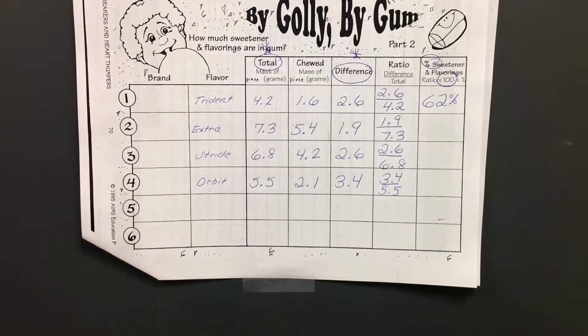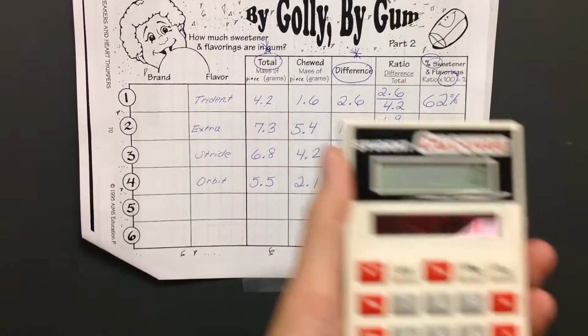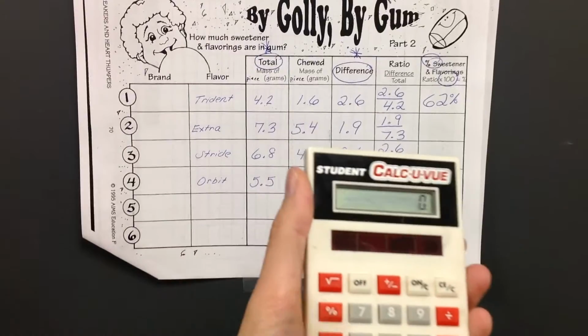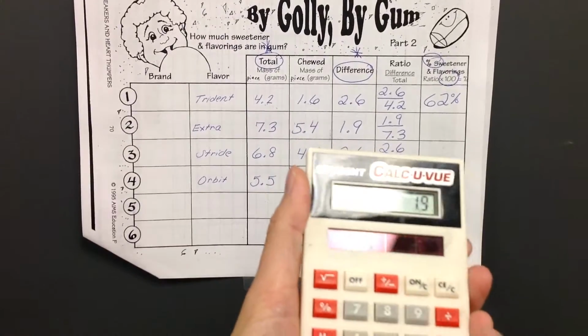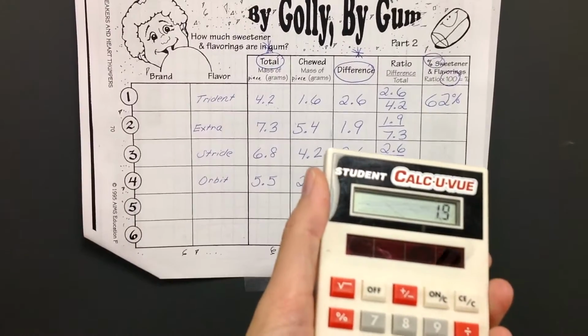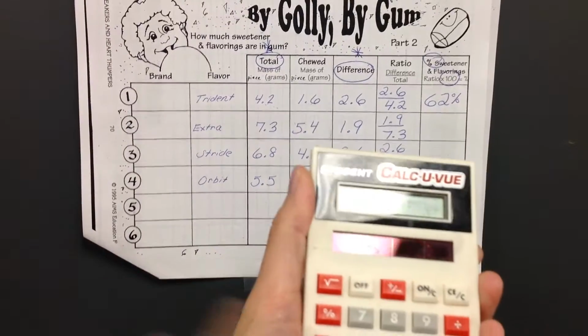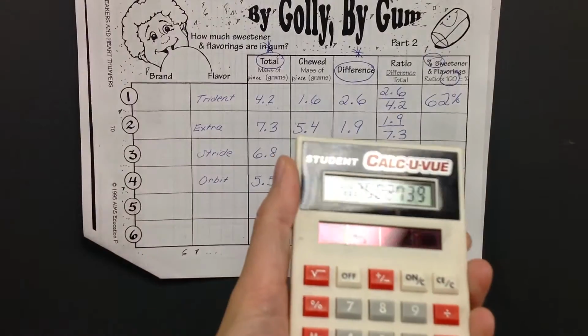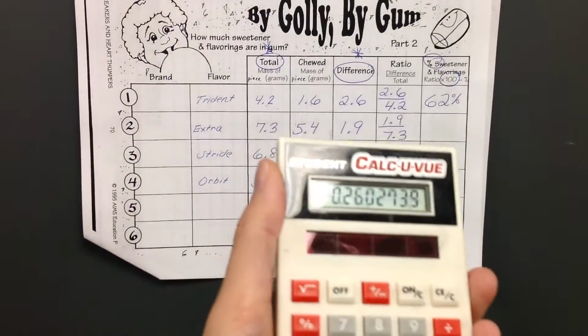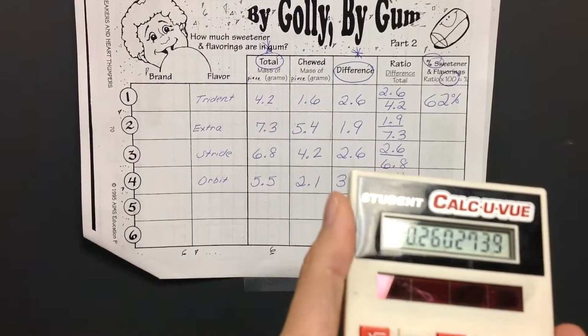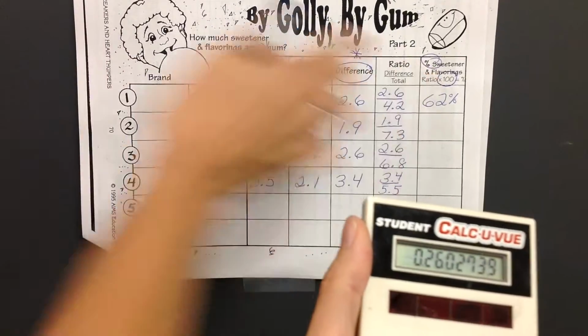Let's try another one. See if you can see my calculator here. You can see I'm going to take my top number, 1.9. I'm going to punch that in. I'm going to hit divide. Now I'm going to divide that by my bottom number, 7.3. I'm going to get a decimal. And once again, I'm going to multiply it by 100. That's what my directions say right here.